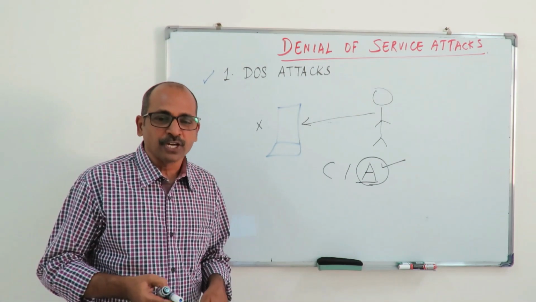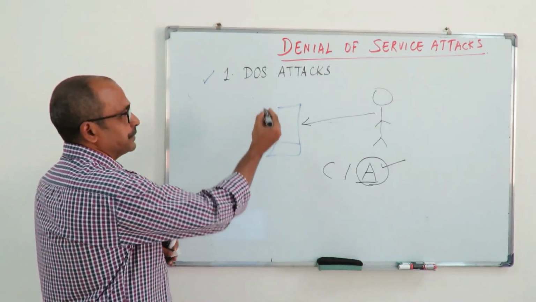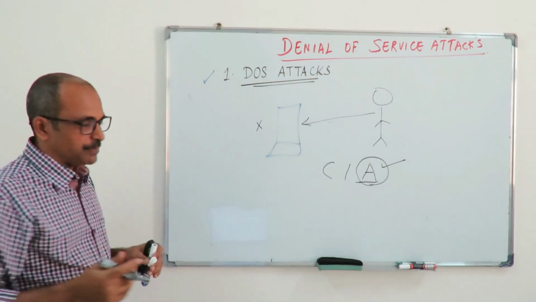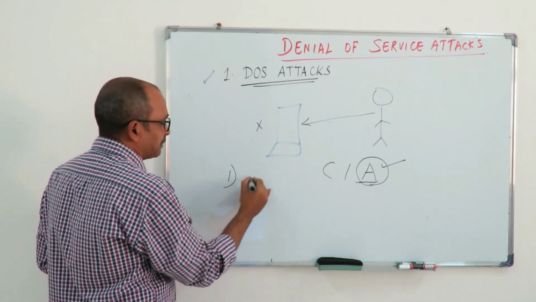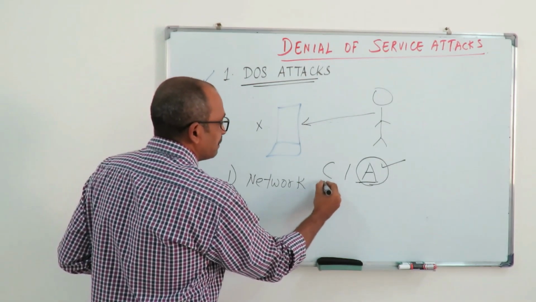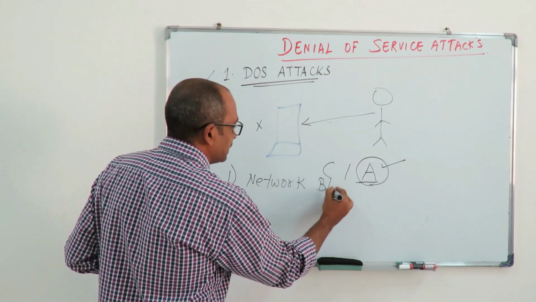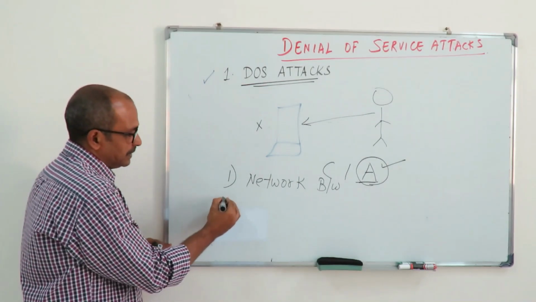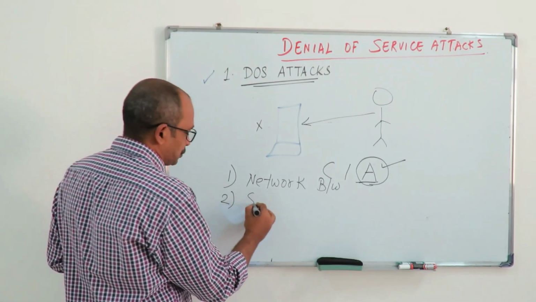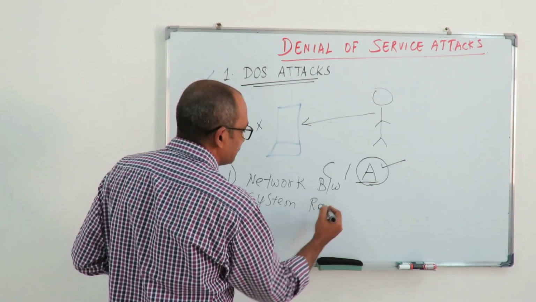Now, I am moving on to the next topic. What are the things that will be affected by a denial of service attack? The first one is the network bandwidth, which will be severely affected. The second thing is the system resources, all of which will be severely affected.